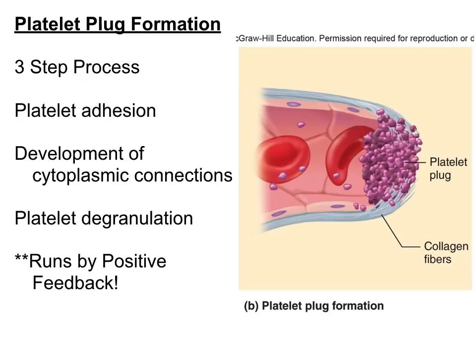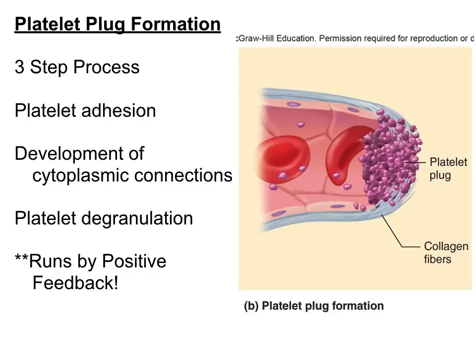Now, this platelet plug formation, these three steps, they actually run by positive feedback. So think about it. You have your initial group of platelets attach. They make their connections with each other and the vessel wall, forming this really small platelet plug.